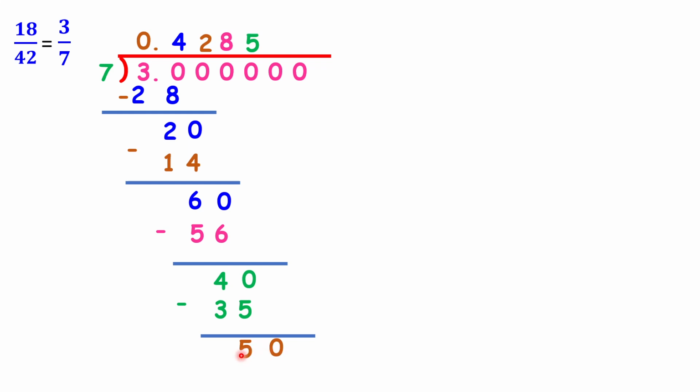The number is 50. Find the number less than 50: 7 sevens are 49. So 50 minus 49 is 1. Then write 0. The number becomes 10. So 7 ones are 7. 10 minus 7 is 3.